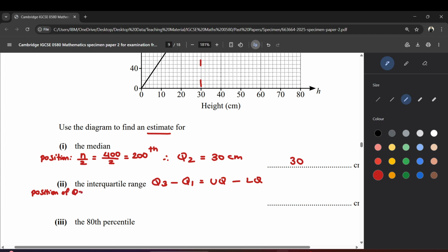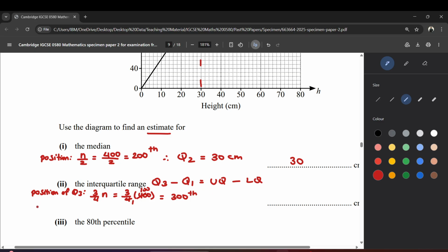Now first we need to find out the position of Q3. So that will be 3 upon 4 times n. So that is going to be 3 over 4 multiplied by 400. So now 4 and 400 will cancel to give us 100. 3 times 100 will be 300. So 300th position.